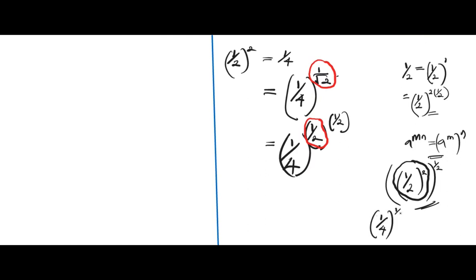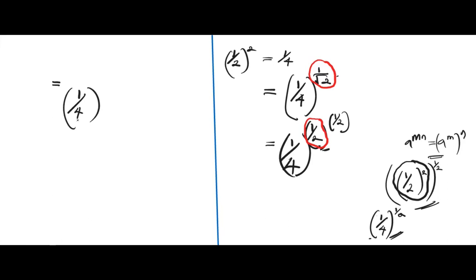Okay, so we are going to substitute this for this, right? So let's use this part of the board. Okay, so we're gonna have 1 over 4 raised to the power of 1 over 4 raised to the power of 1 over 2.